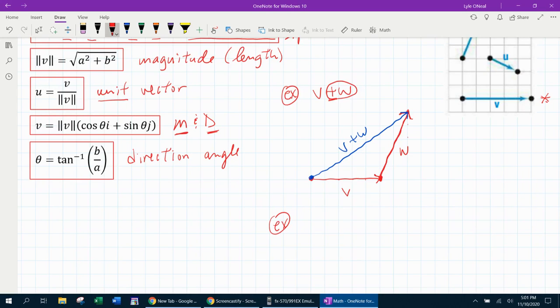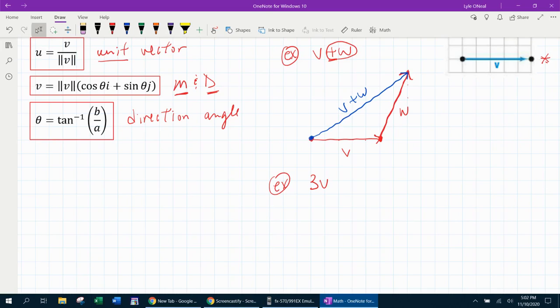And the next example wants us to find 3v. This is going to do what we call a scalar multiplication. So here we go. Vector v has a length of 5. So we're going to go 1, 2, 3, 4, 5. That would be 1v. 1, 2, 3, 4, 5, 2v. 1, 2, 3, 4, 5, 3v.